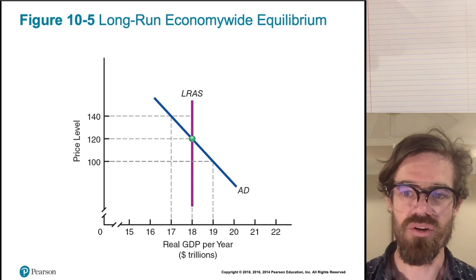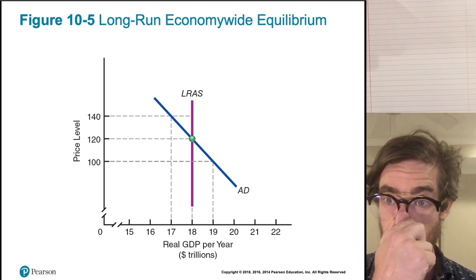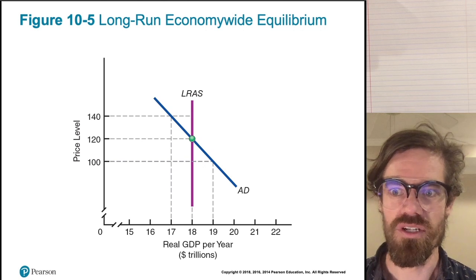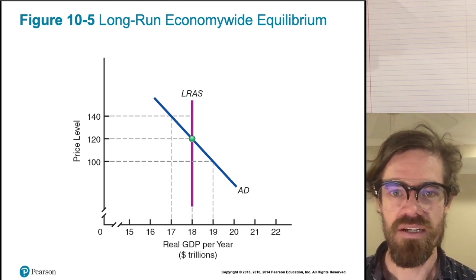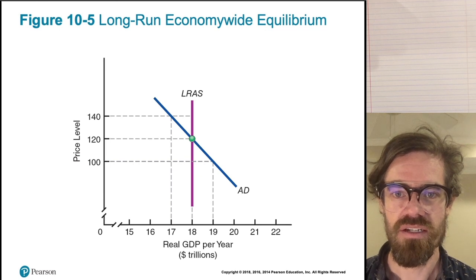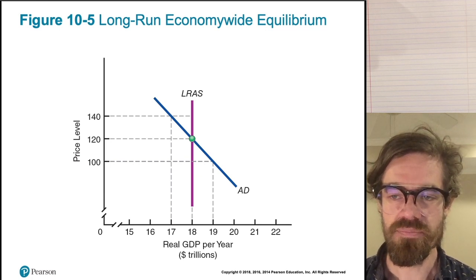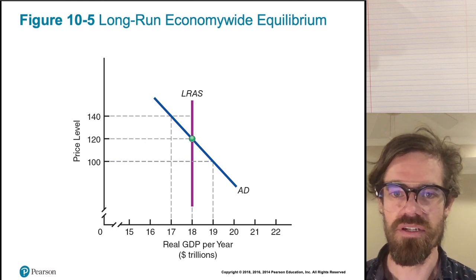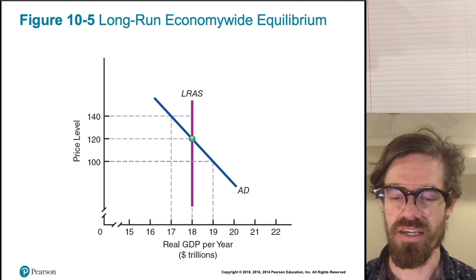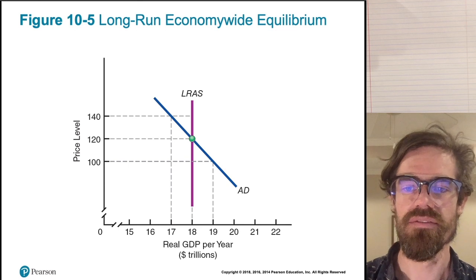And then if we were at a lower price level, a price level of 100, we'd basically have a shortage. There wouldn't be enough goods and services available to satiate consumer demand, or aggregate demand. And so over the long run, prices would slowly increase so that that shortage disappeared.